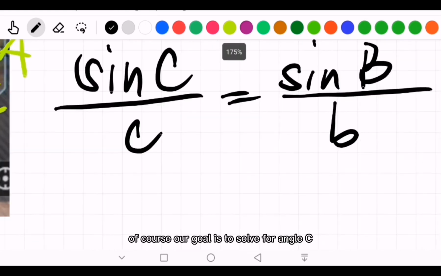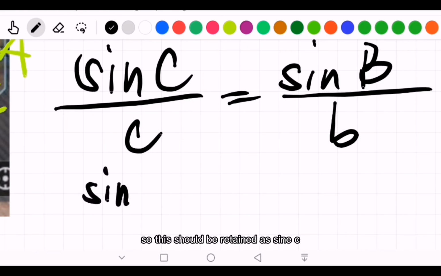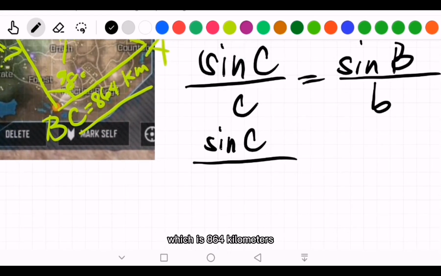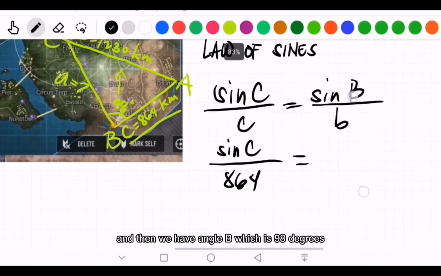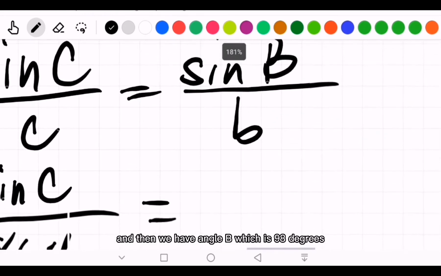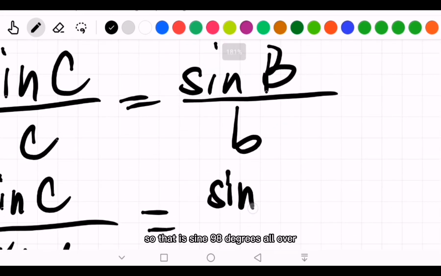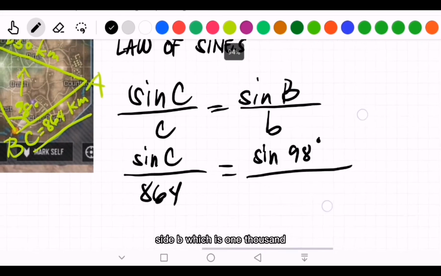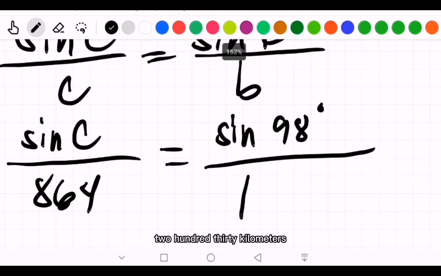Of course, our goal is to solve for angle C, so this will be retained as sine C over the given value of lowercase c, which is 864 kilometers. And then we have angle B, which is 98 degrees. So that is sine 98 degrees all over side B, which is 1,230 kilometers.